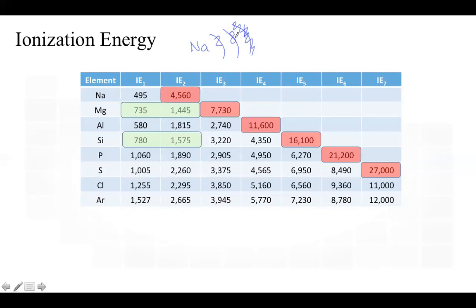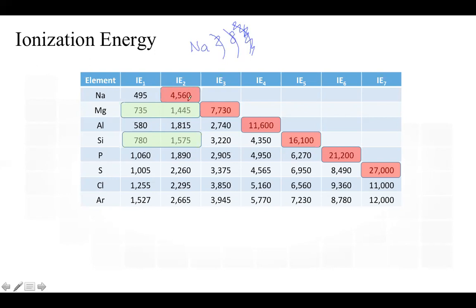That principal energy level is a lot closer to the nucleus. So there's a greater attraction from the nucleus to those 8 electrons than there is to that 1 valence electron, because those 8 are a lot closer to the nucleus. So it's going to require more energy to remove one of those 8 than it does that 1.